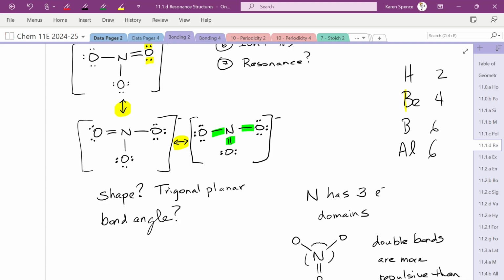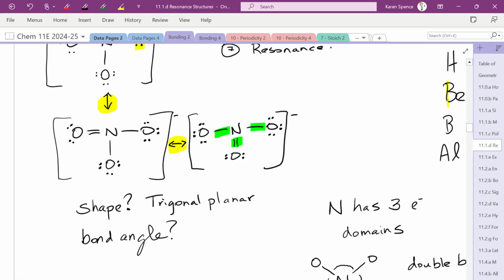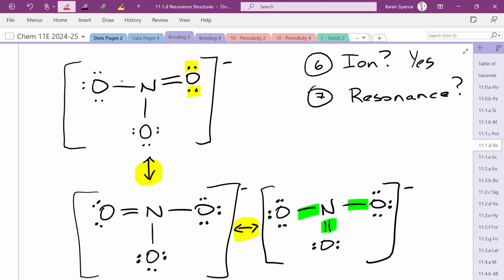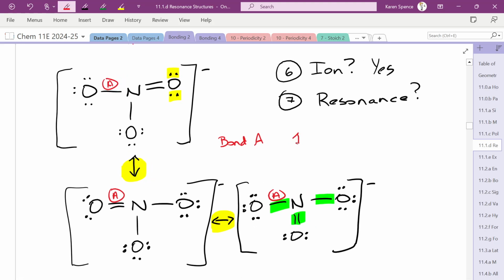Yeah, the bond order is 1.3 repeating. Or you can say 1 1/3. Because if we look at, say, let's call this bond A, this one on the right here, bond A, we have 1 bond, we have 2 bonds, we have 1 bond.